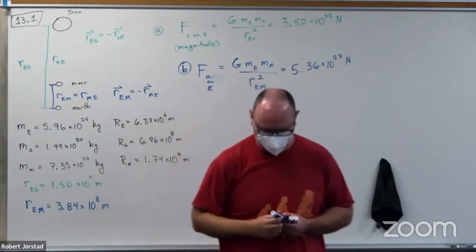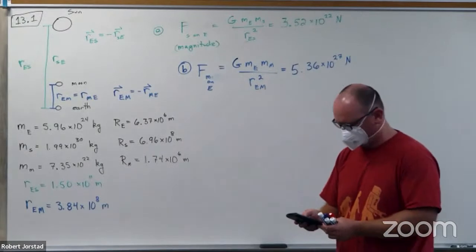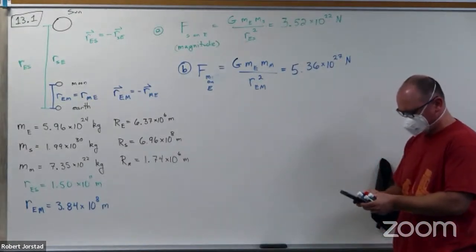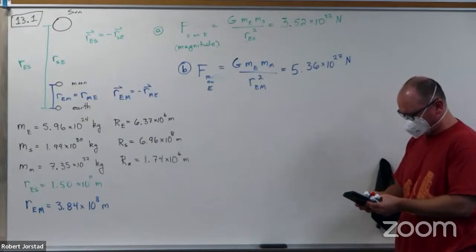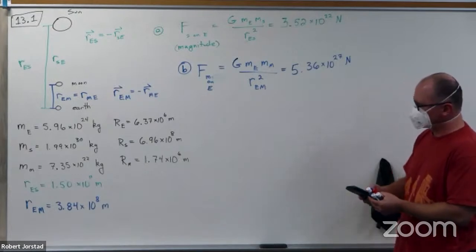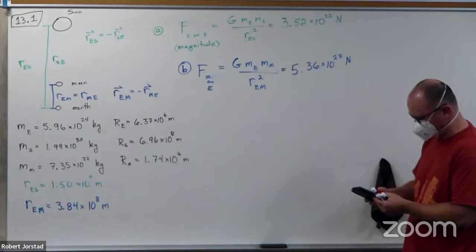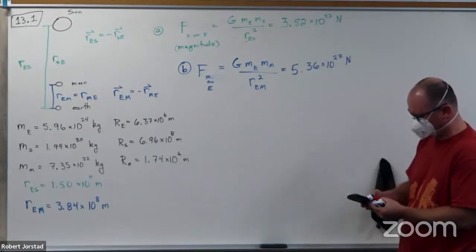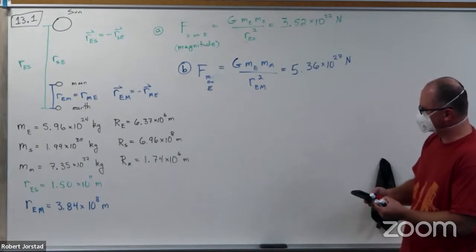All right, let me see if I forgot the square. Let me do that again. 6.67 EE negative 11 times mass of the Earth, which is 5.96 EE 24, times mass of the moon.